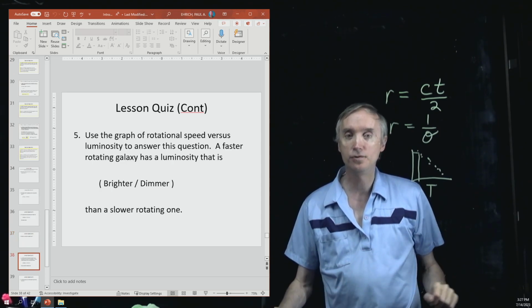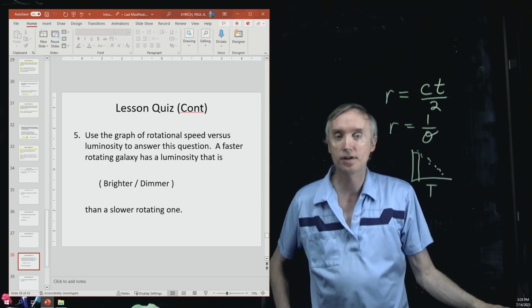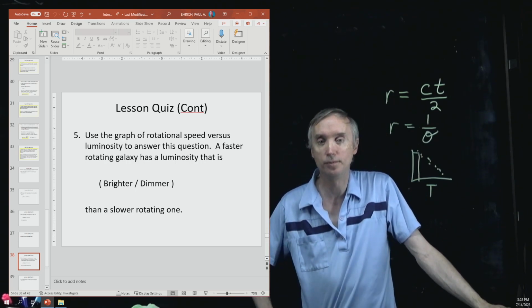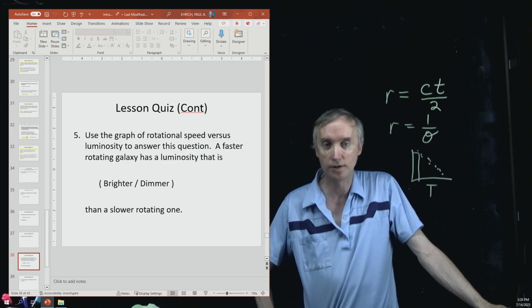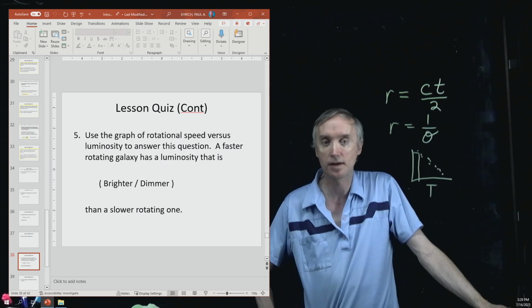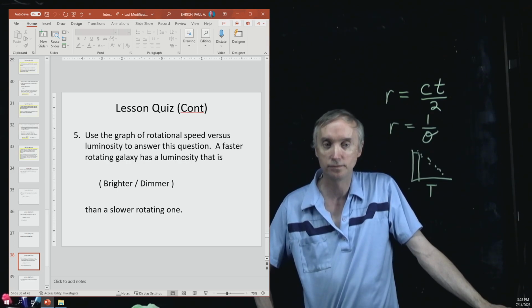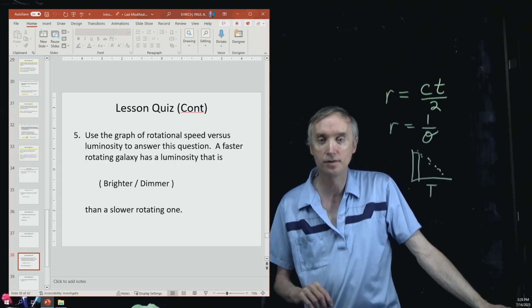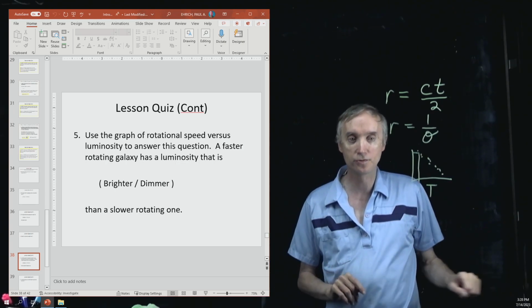Number 5, use the graph of rotational speed versus luminosity to answer this question. A faster rotating galaxy has a luminosity that is brighter or dimmer than a slower rotating galaxy. Okay, so can you remember what was the graph that goes with this?